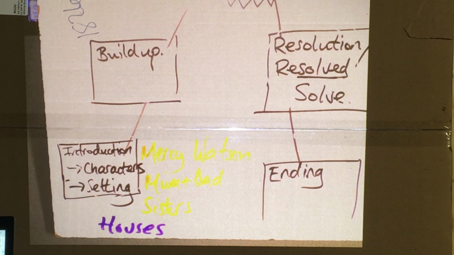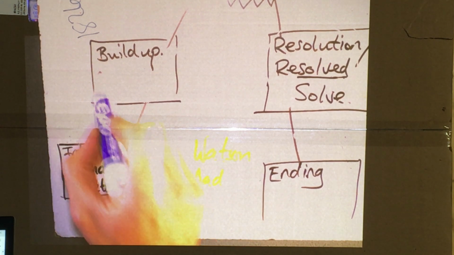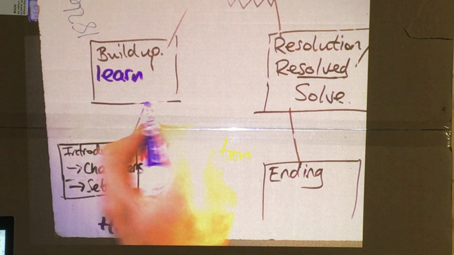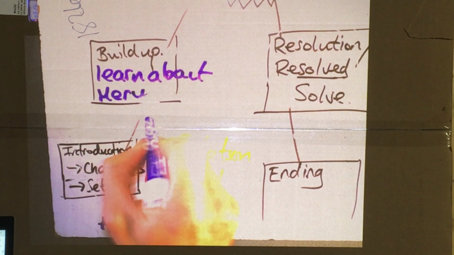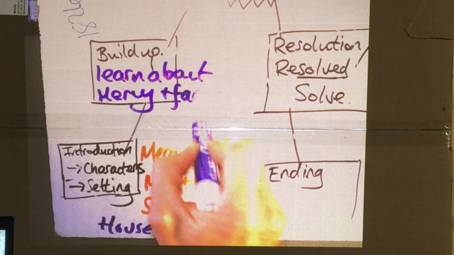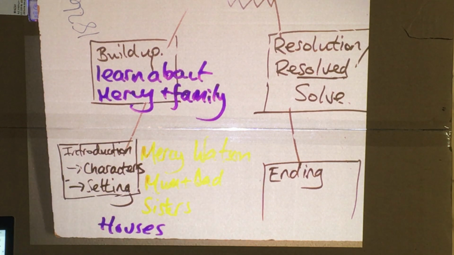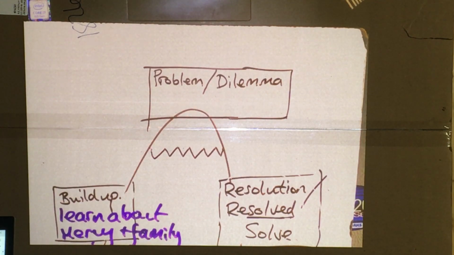Well, the build-up, we learn about Mercy and her family. Yeah, we know what she likes. If you remember, what does she like on toast? Butter. Yes, me too. It's making me hungry thinking about that. Now, if you think about what the problem is, the problem, all the way at the top.